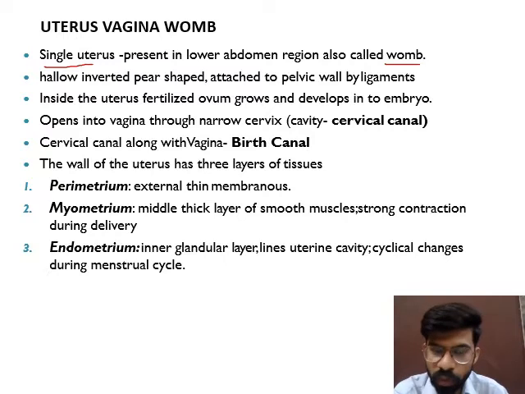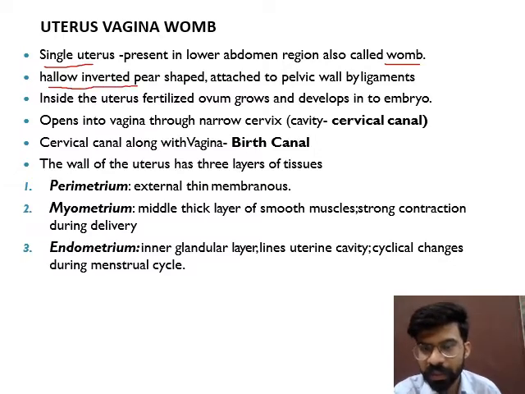It is a hollow, inverted pear-shaped structure. The uterus is attached to the pelvic wall by ligaments, which hold the uterus in place.